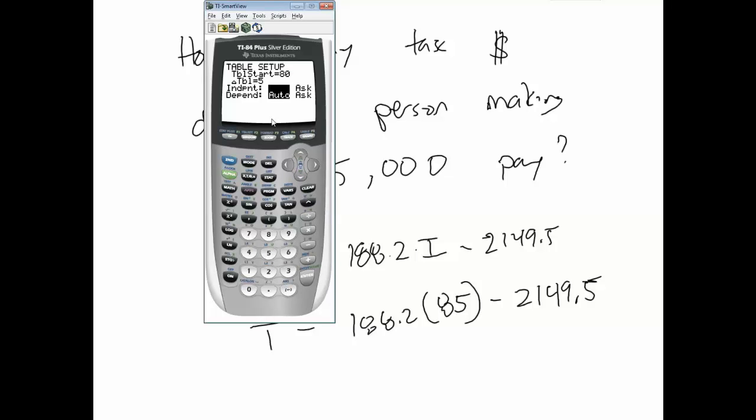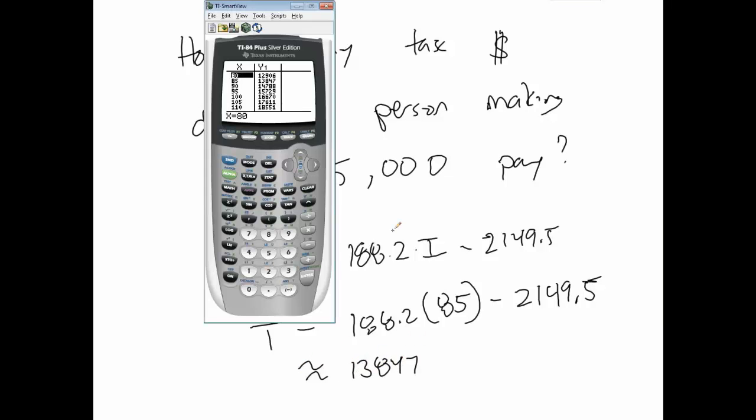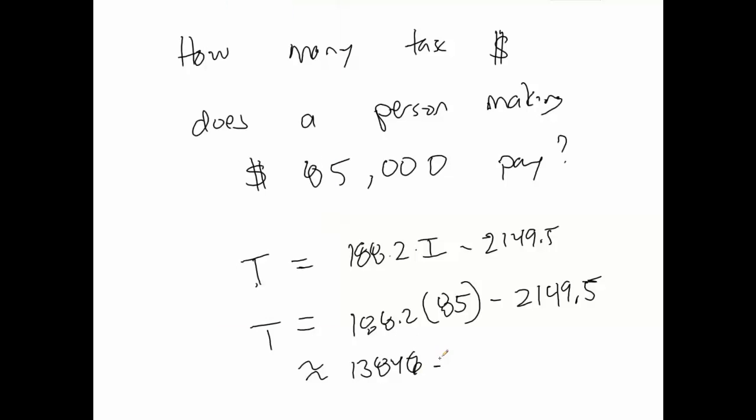I'm going to set this back to auto so that it generates the table automatically for me. At $85,000 I would expect a person to pay $13,847. These numbers are rounded, so if you want to see the decimal places, it's actually 13,846.71. So I would expect a person making $85,000 to pay about $13,846.71 in taxes.